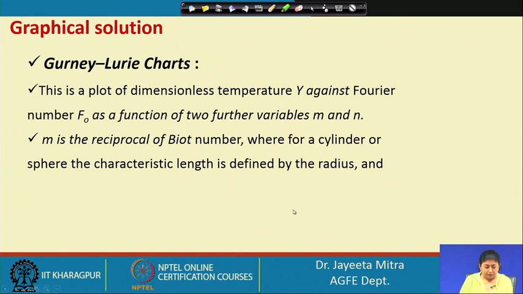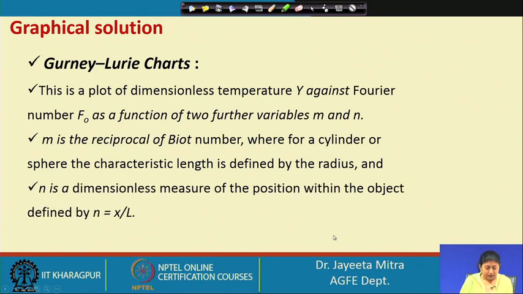So, for a cylinder or sphere, the characteristic length will be the radius, and n is a dimensionless measure of the position within the object, defined by n equal to x by L. So, we have seen that x is the distance from the center. So, that distance divided by L, which is the thickness or characteristic dimension of the body. So, x by L signifies the value of n.